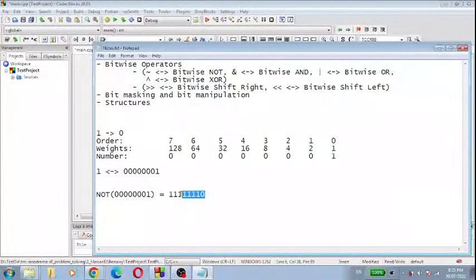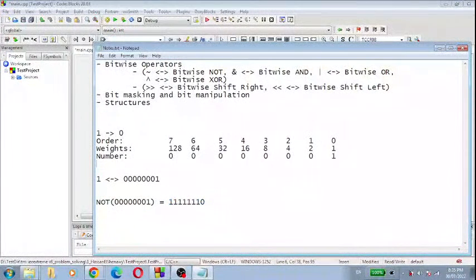What is this number actually? It's very simple. Let's copy this here and form it, so you know what this is: 1 1 1 1 1 1 1 and 0.